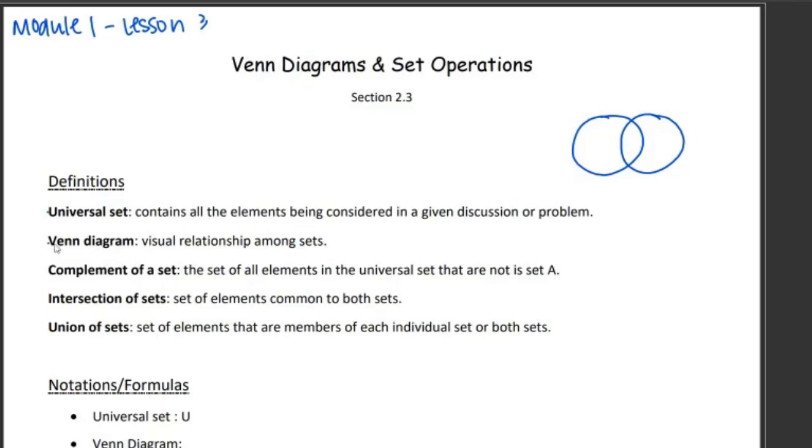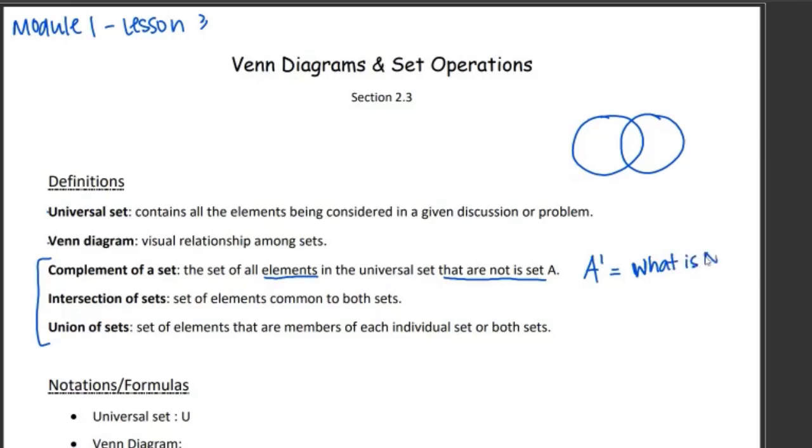And then these 3 down here, we have the complement of a set, intersection of a set, and then the union. So a complement is going to be the elements that are not in that specific set that they're asking for. So if we have the complement of A, it is going to be what is not in that set.